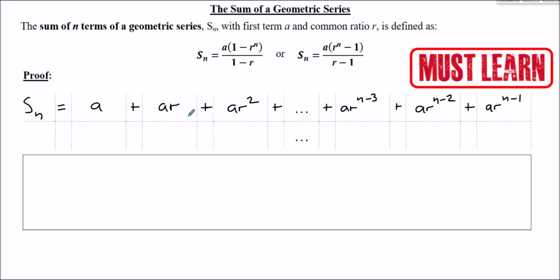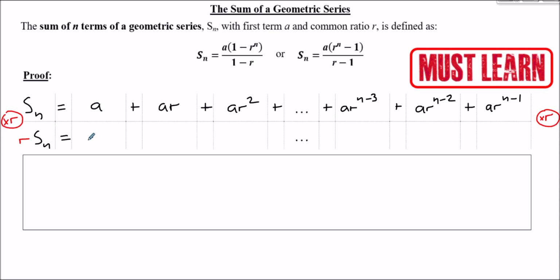Now, the trick I'm going to employ here is to multiply both sides of this by r. So I'm going to times everything on the left by r. So over here, I'm going to have r multiplied by the sum of the first n terms. And over here, I'm just going to have everything multiplied by r.